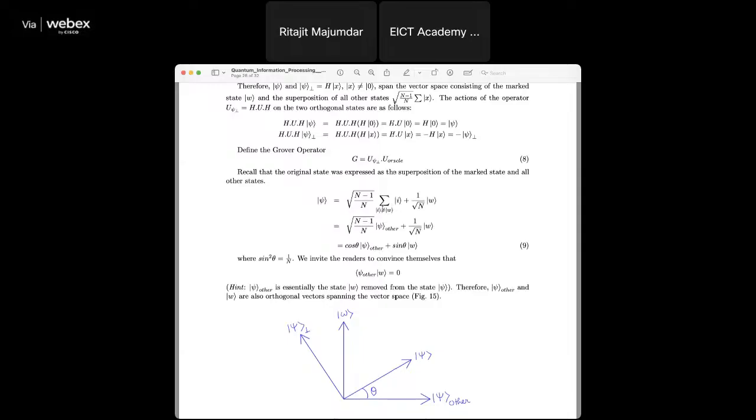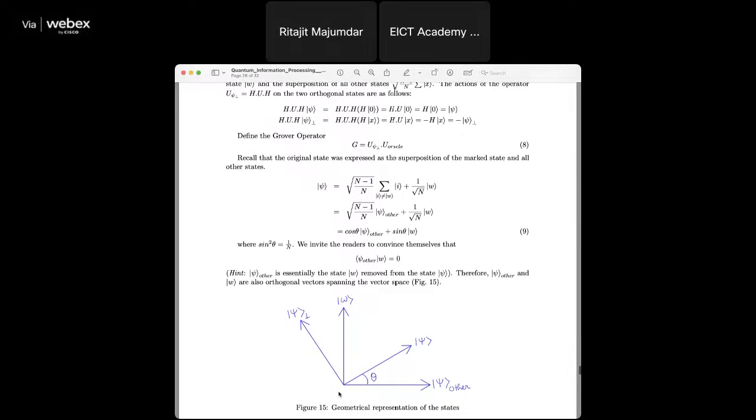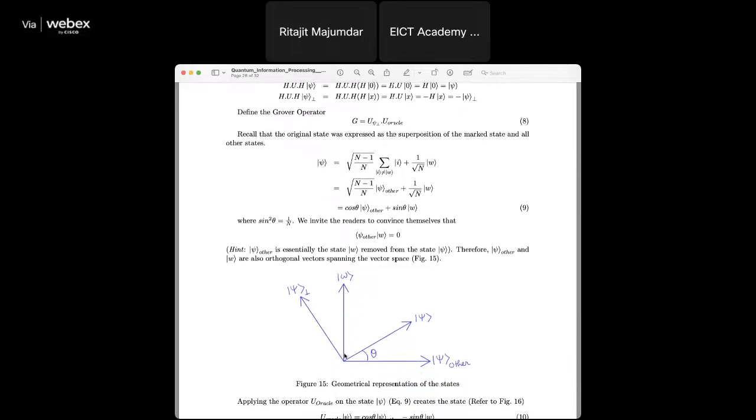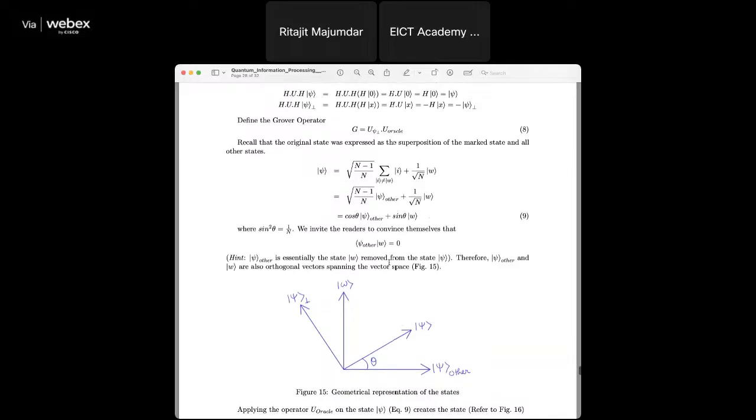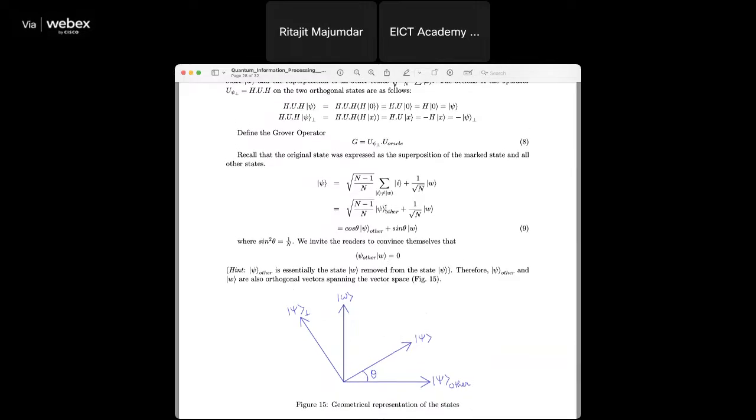So it's an exponential dimension space. The way I'll represent this figuratively is this is one psi other. It is one vector which contains many computational states, all of them bad states, and here is an orthogonal line to that, which is the good state, the marked state that we are looking for, W. Now, this we can always do.